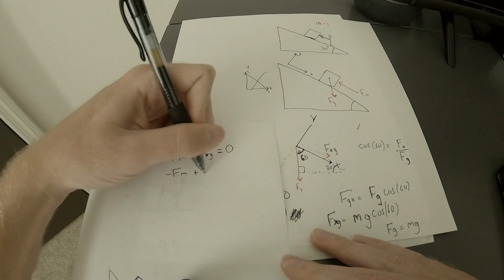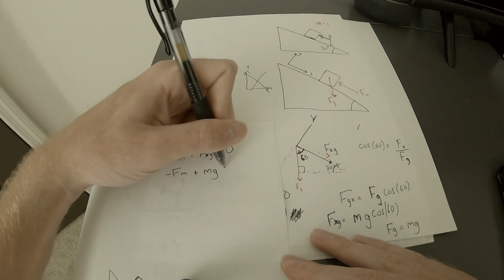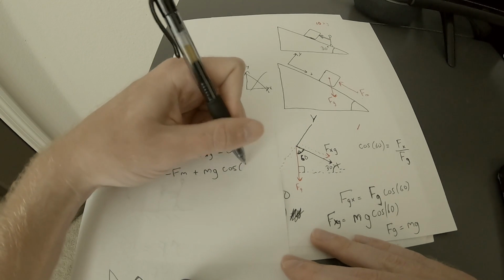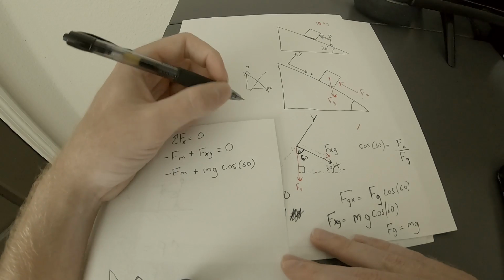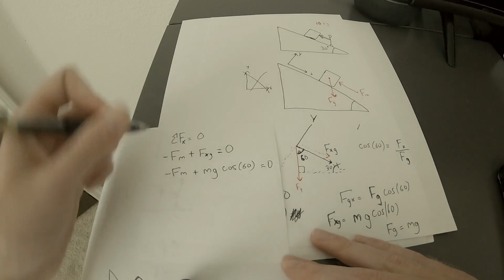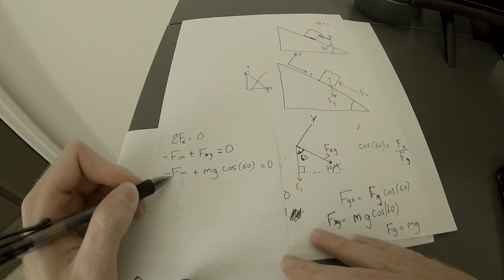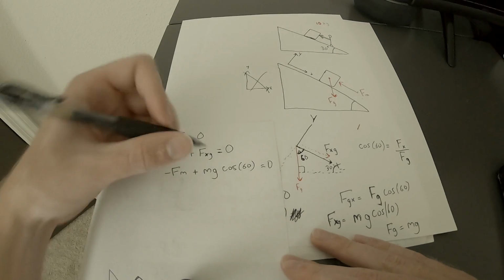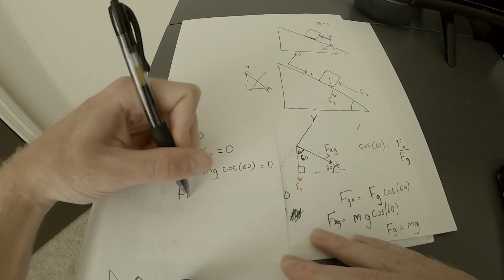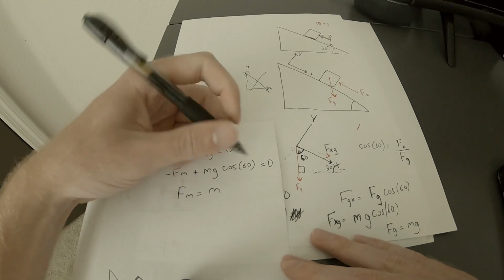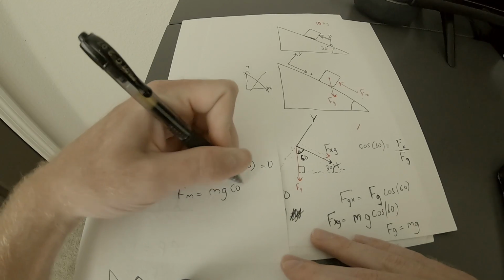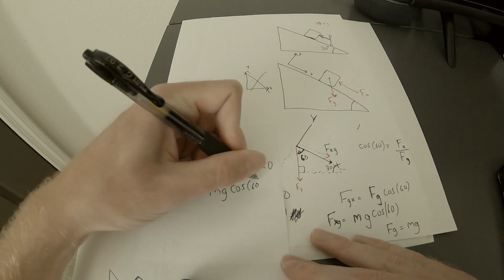So you get plus mg cosine 60. Then since we're trying to find our unknown, the force of the man, we bring him over here and we get the force of the man is equal to mg cosine 60.